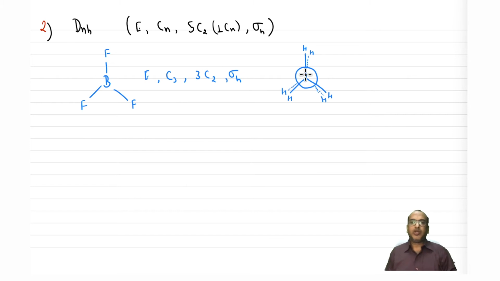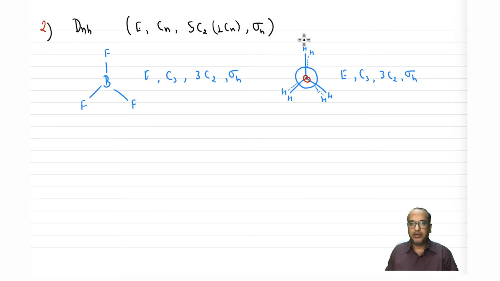So this would also have E, C3, 3 C2s, and sigma H. Here the C3 would be passing through the CC bond, right? This one will be your C3. Then the 3 C2s will be bisecting the CC bond and will lie somewhere in between the two hydrogens.